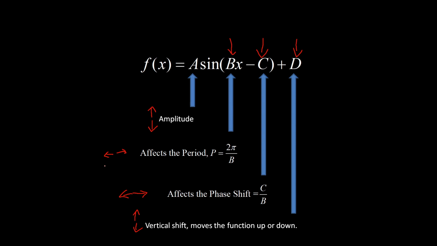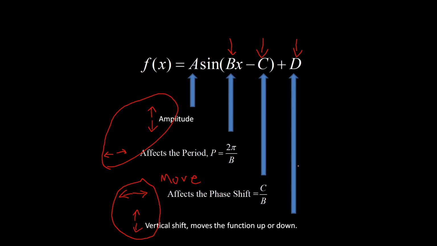So amplitude and B, these two things are stretching factors. The amplitude stretches things up and down. B stretches things left and right. While C and D actually move the function. So C moves the function left or right, while D moves the function up or down.